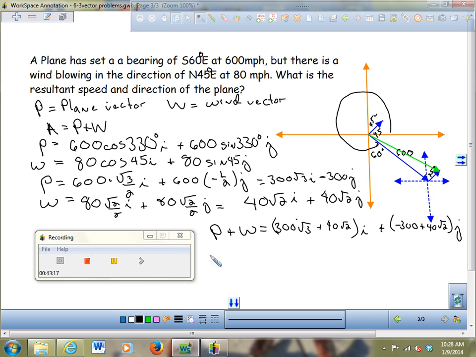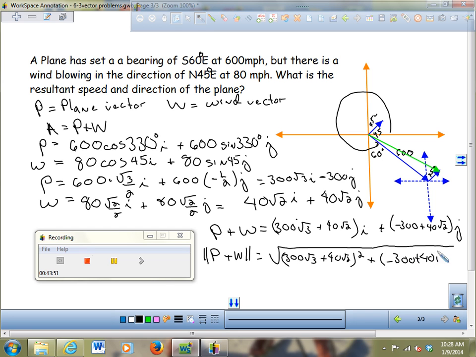Because I want to find the magnitude, because that's going to tell me how fast the plane is going, right? The magnitude of P plus W is going to be equal to, and you plug this ugly thing into your calculator, 300 root of 3 plus 40 root of 2 quantity squared plus negative 300 plus 40 root of 2 also quantity squared.